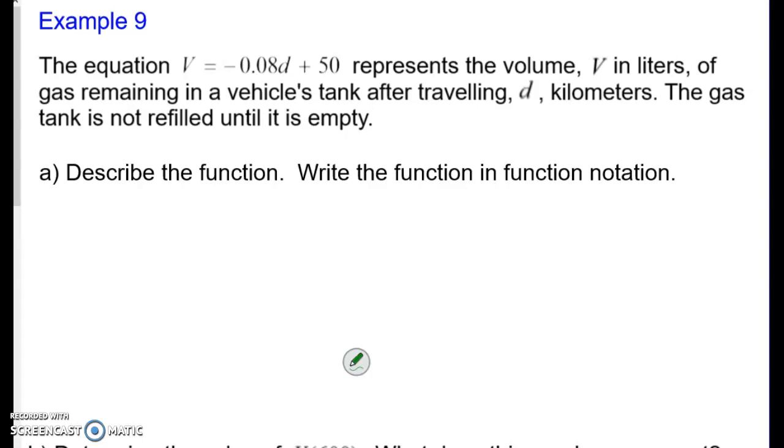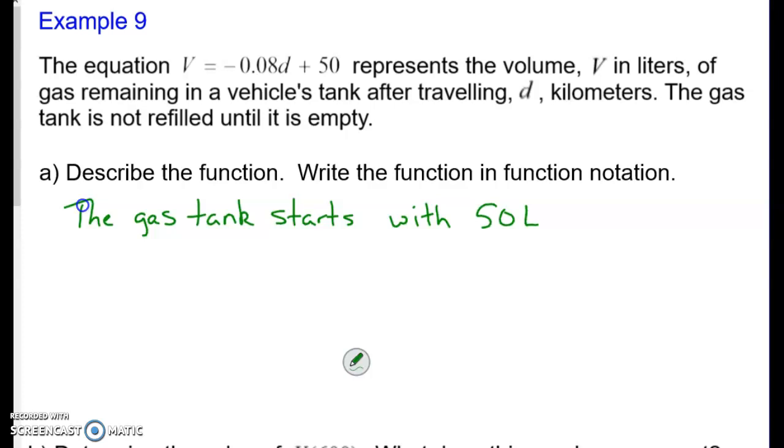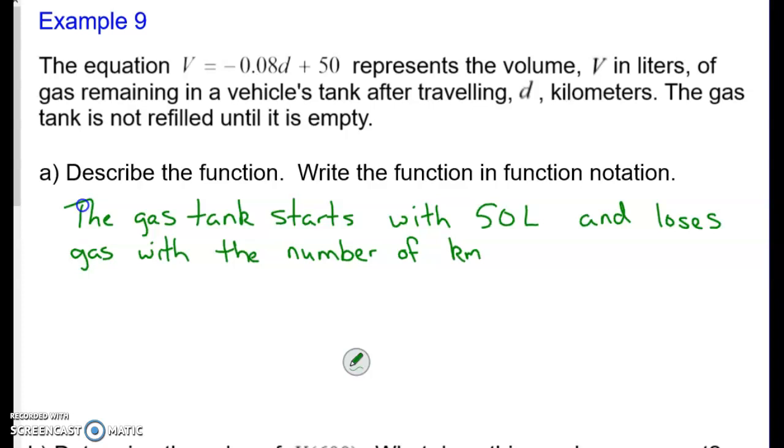So basically, to describe this function, we're saying that the gas tank starts with 50 liters, and loses gas with the number of kilometers that is driven.